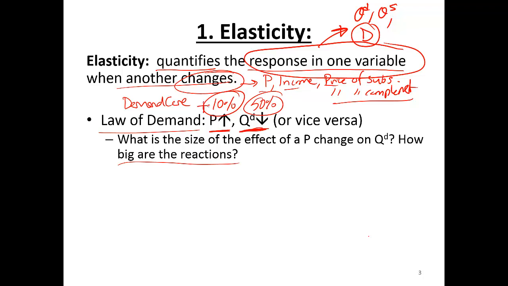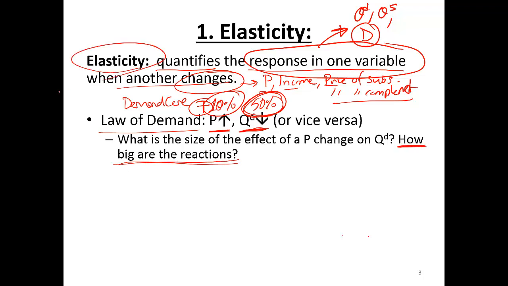Let's say I have a coffee shop and I increase the price of coffee by 10%, and my sales go down by 50%. Wow, that's such a huge impact on my sales. That's going to be really bad for me. So you really want to know how big the reactions are going to be.